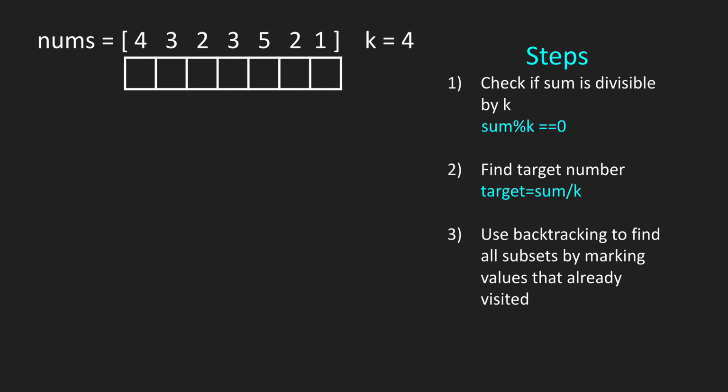But we cannot use the same index, the same value, twice. So for that, we create an array of Boolean, and if we use any element, we set that value to true in the array. For the start, we set all the values in the array of Boolean to false.